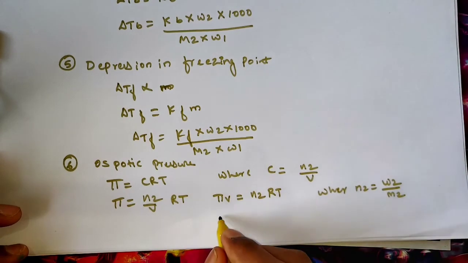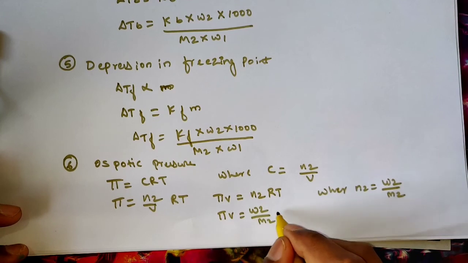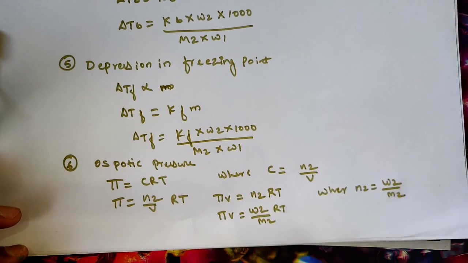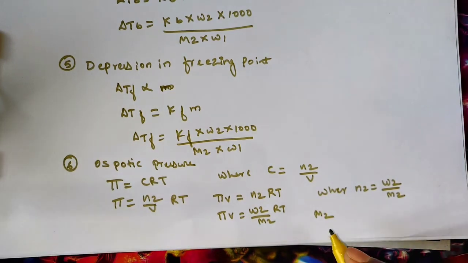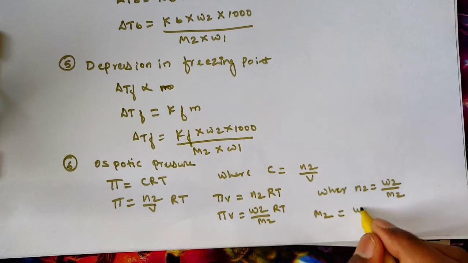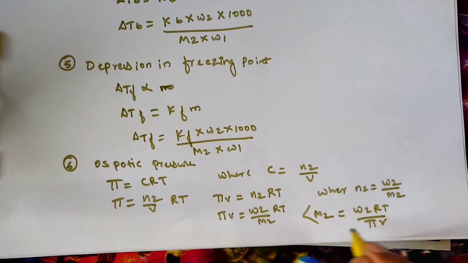So pi V is equal to W2 upon M2 into RT. And if you want to calculate M2, then we can write this formula as M2 is equal to W2 RT upon pi V. By knowing these terms, we can find out M2.